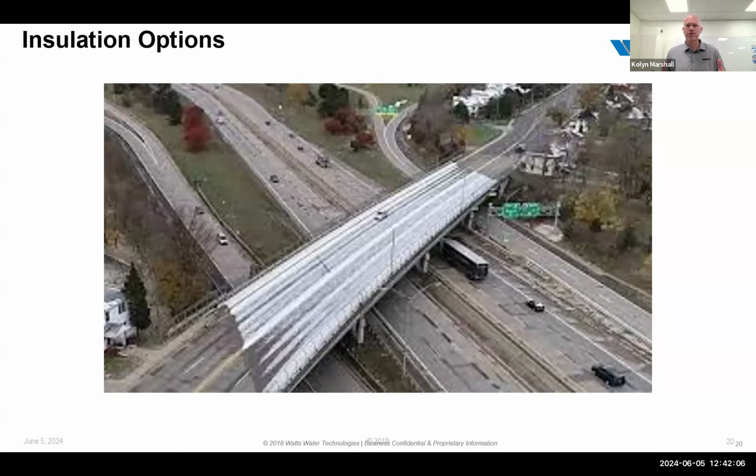They have no thermal mass associated with them. The aprons on either side of the bridge in this picture, they are in contact with the ground. The ground is a thermal storage device. Roadways that are in contact with the ground are going to freeze later than the bridge will.